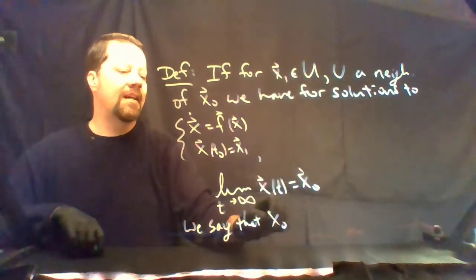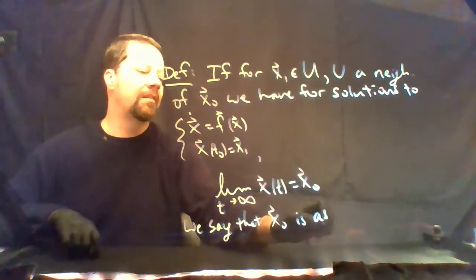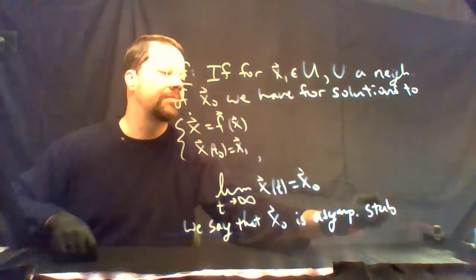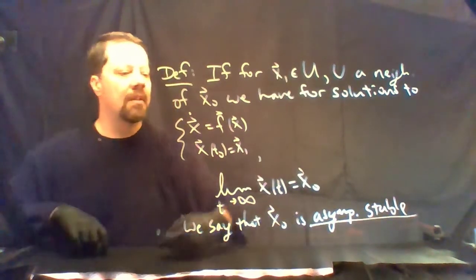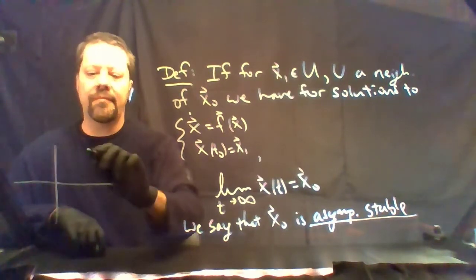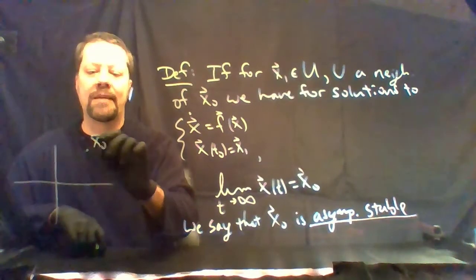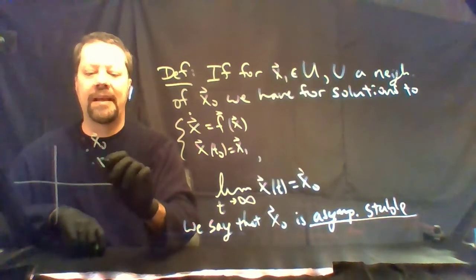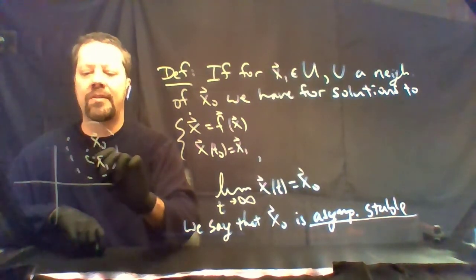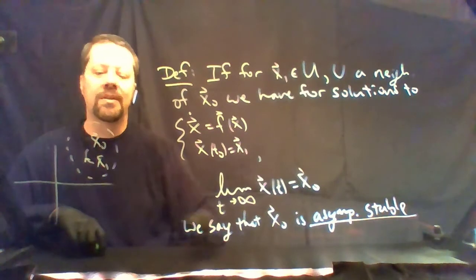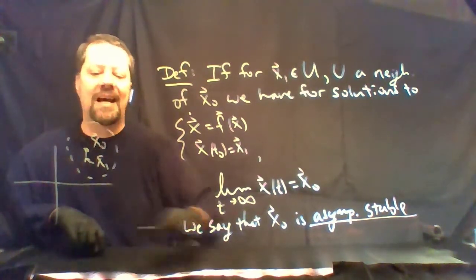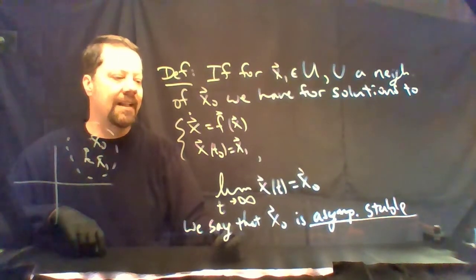We say that x naught is asymptotically stable. In this case, if you perturb off of the equilibrium point x naught just a little bit, x1, within some neighborhood, the solution will tend back towards the equilibrium point x naught as t goes to infinity.